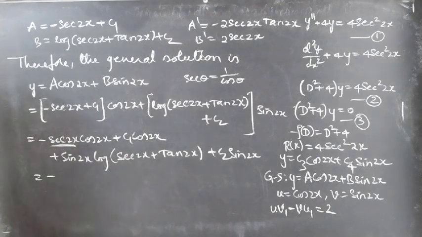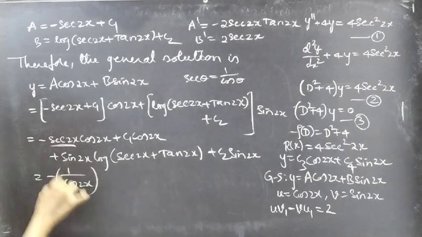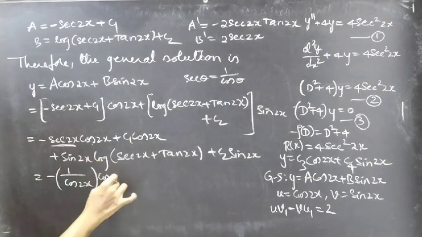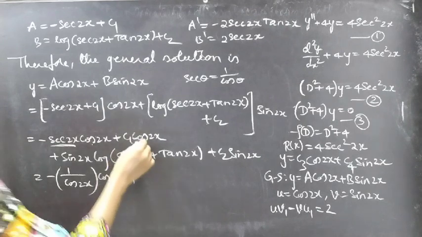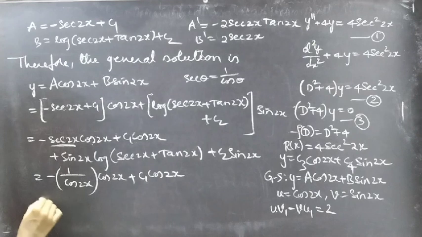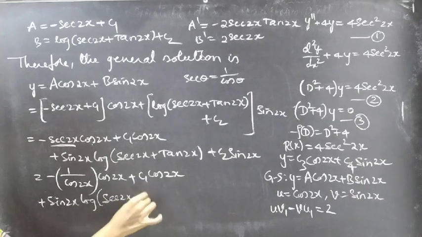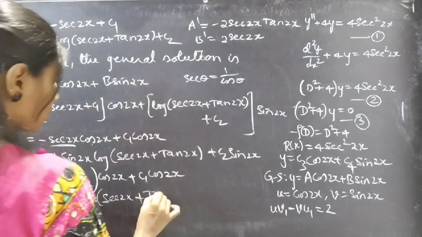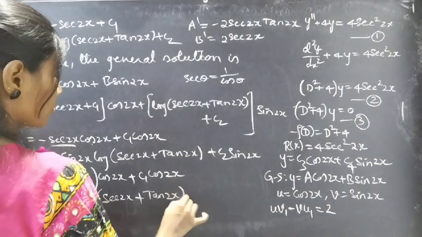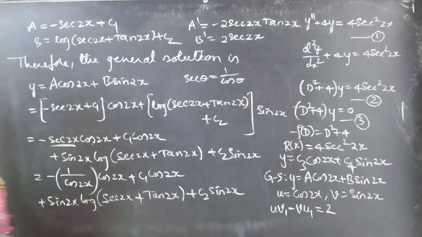Now I'm going to replace secant 2x with the reciprocal of cos 2x into cos 2x, plus c1 cos 2x, plus sin 2x into log of secant 2x plus tan 2x, plus c2 sin 2x, right?